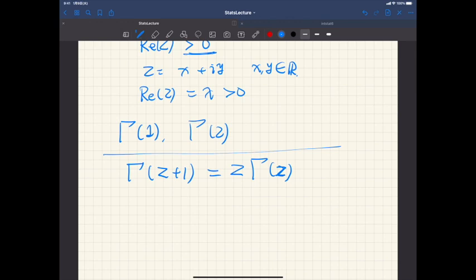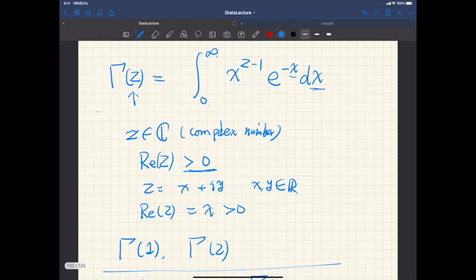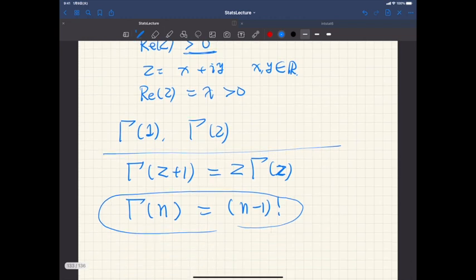So this is a kind of recursive equation. And in particular, when this z is a natural number n, then this is actually (n-1) factorial. You can derive this from the definition, and maybe you want to use mathematical induction to prove this.